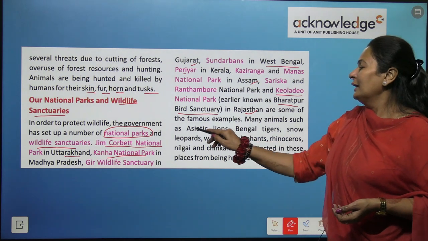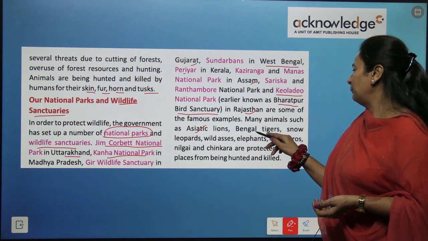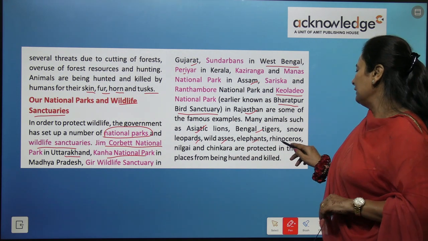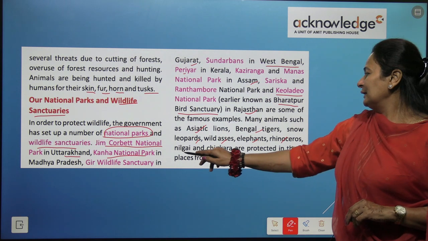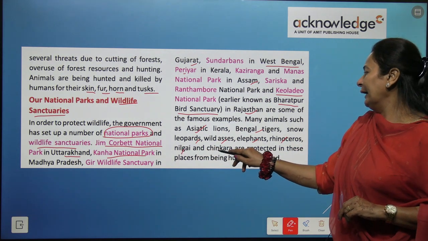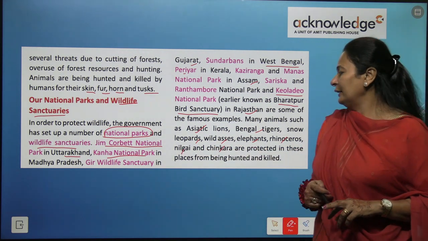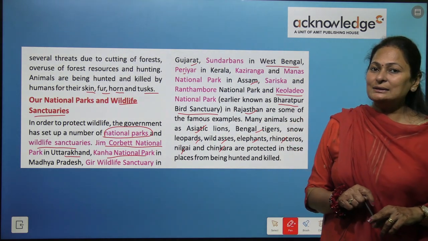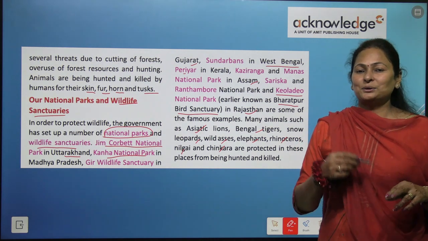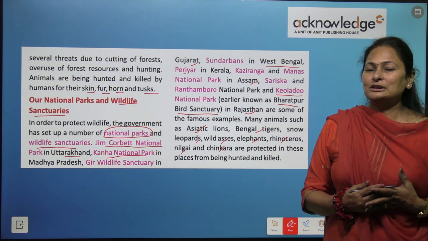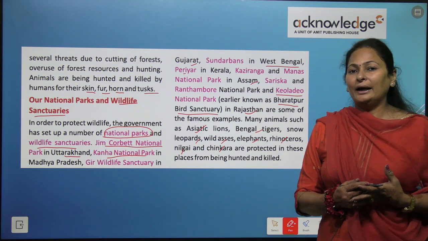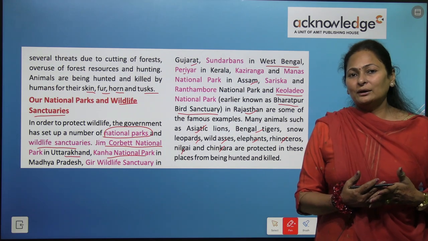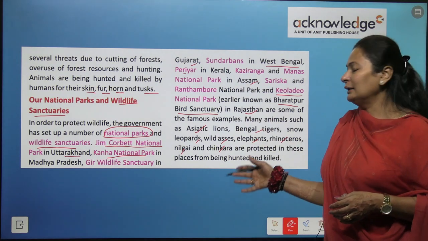Many animals such as Asiatic lions, Bengal tigers, snow leopards, wild asses, elephants, rhinoceros, nilgai and chinkara are protected in these places from being hunted and killed by hunters. So these are some examples of wildlife sanctuaries and national parks that have been set up by the government to protect our animals.